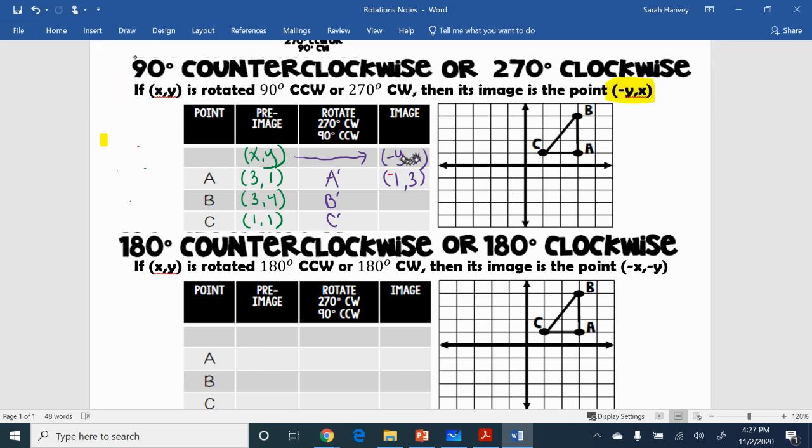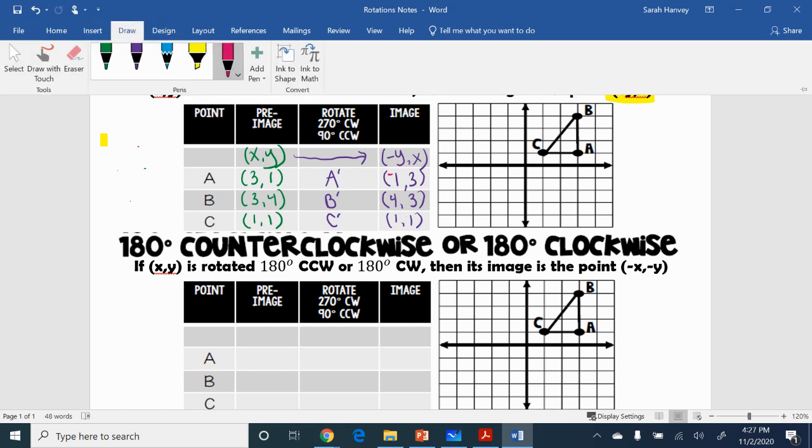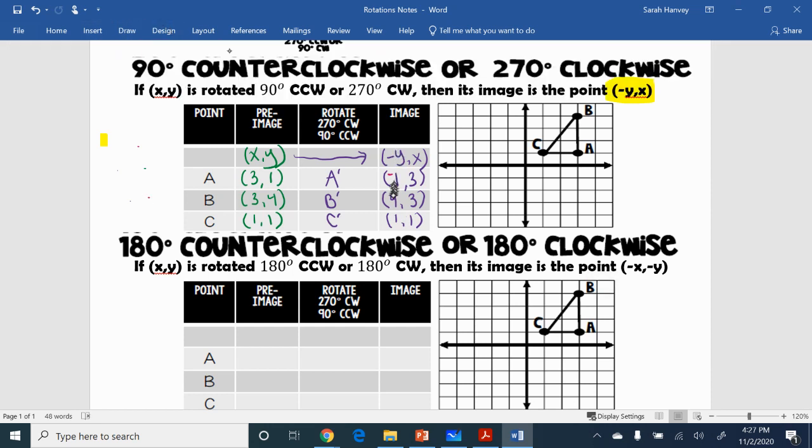We're going to do that all the way down. Switch your x and y coordinate, so it's (4, 3). Switch x and y, and this one's easy because it's the same, (1, 1). And then make the y coordinate negative. That's exactly what we're going to do.